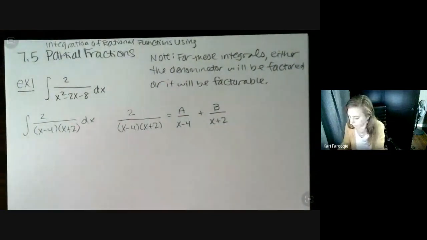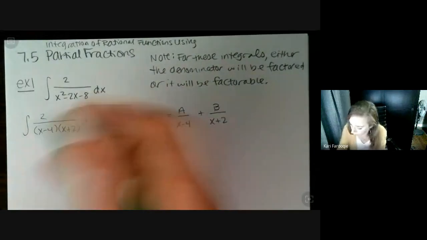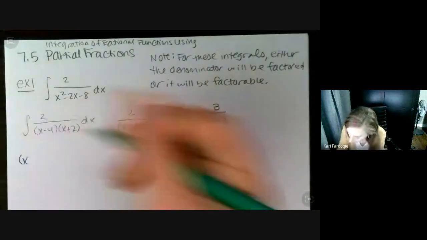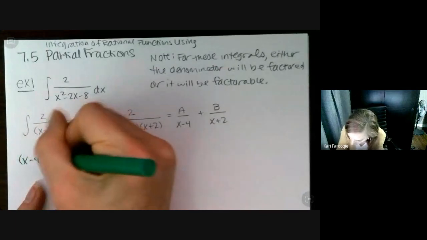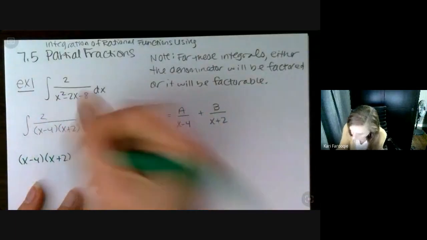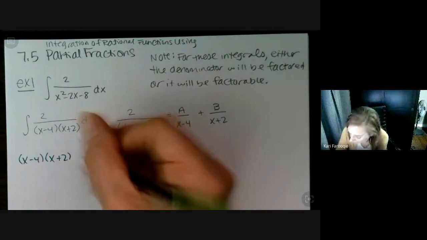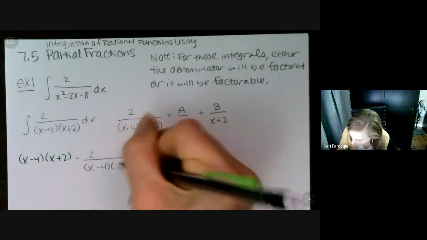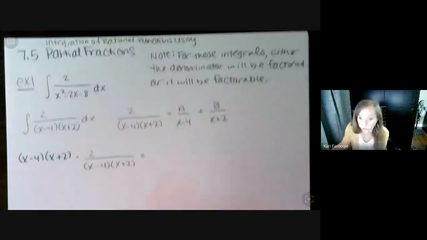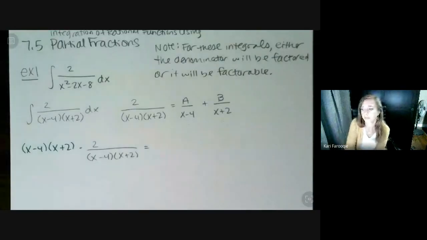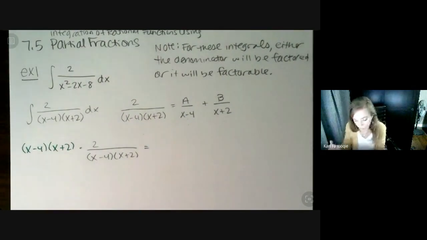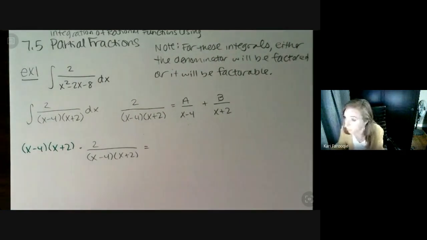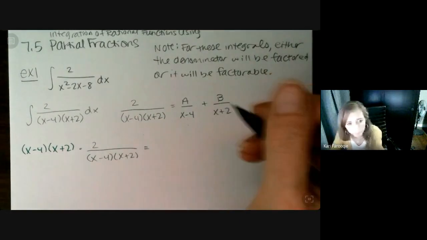Okay, so I'm going to write here x minus 4, x plus 2 times 2 over x minus 4, x plus 2. And then I'm going to do the same thing on the right-hand side. I'm going to multiply each term by the LCD to clear the fraction.